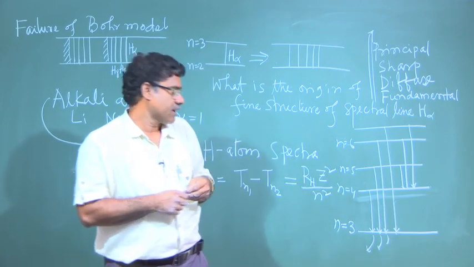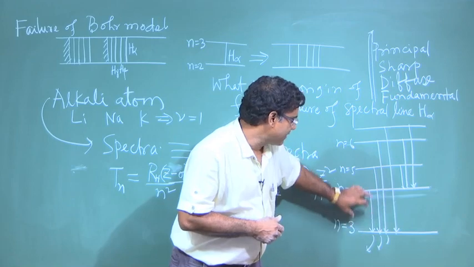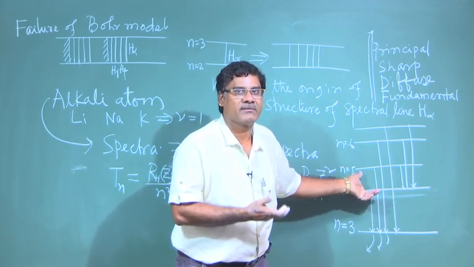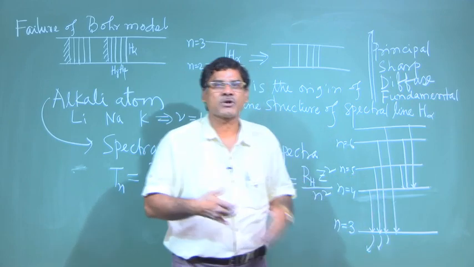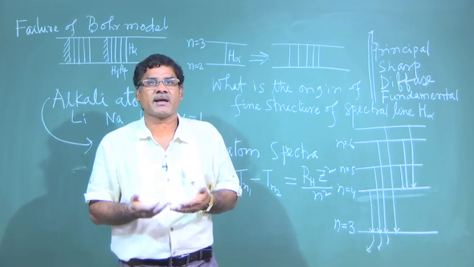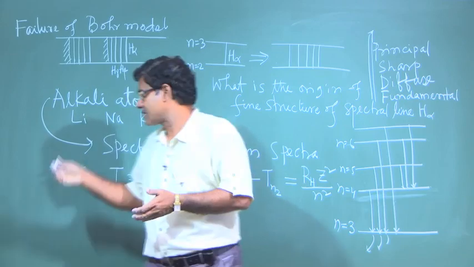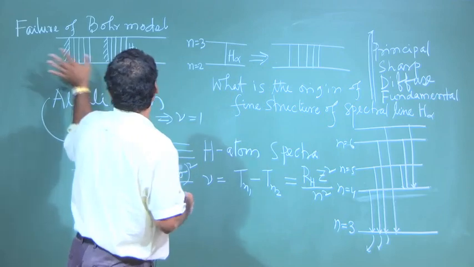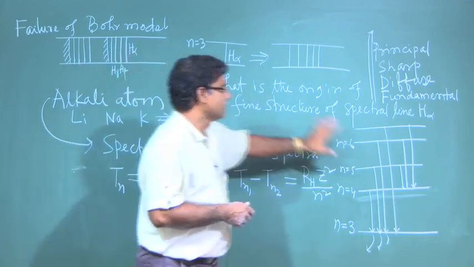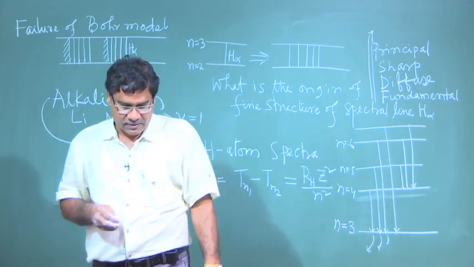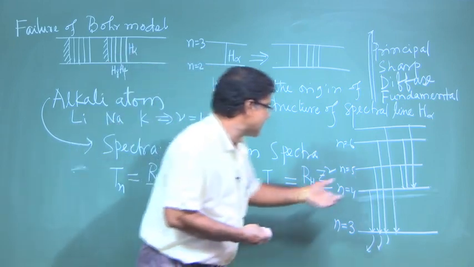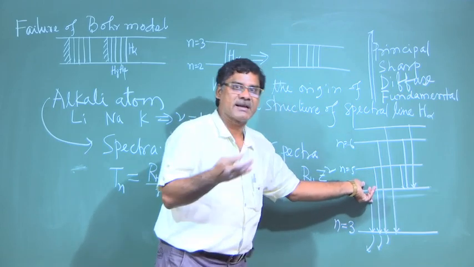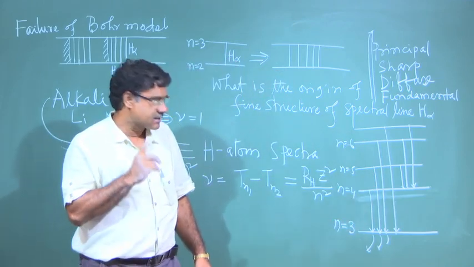So, if energy levels are composed of few or many levels, then there is a possibility to get many spectral lines. That is the indication. It is a failure of the Bohr model, but it gives an indication that there is more discreteness in each energy level. Okay. It is not a single energy level.